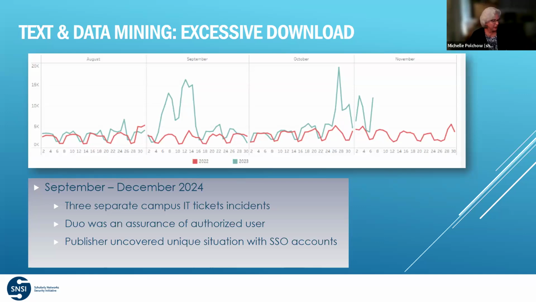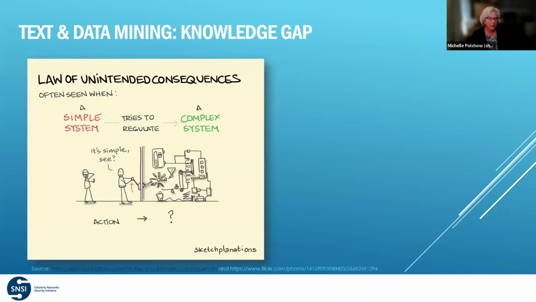The next case study is the law of unintended consequences. And I think the desire to access e-resources does involve a lot of factors. So ironically, this was exactly during the prior breach.